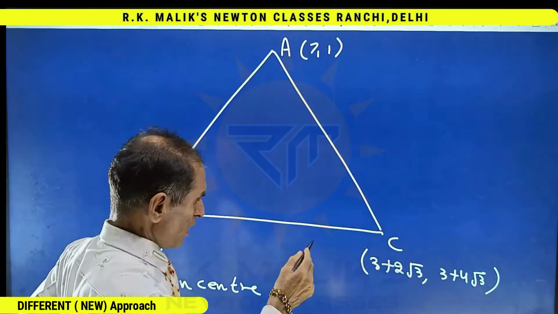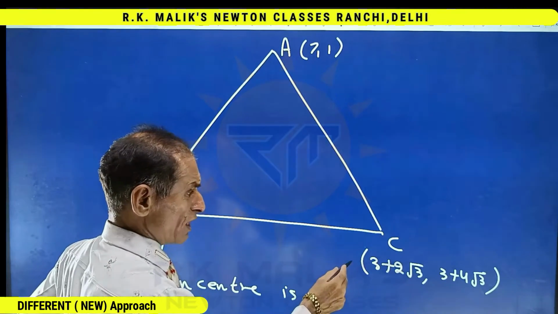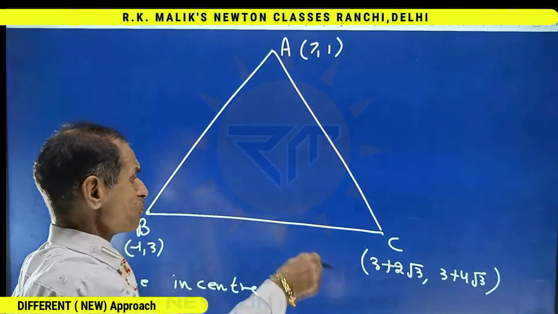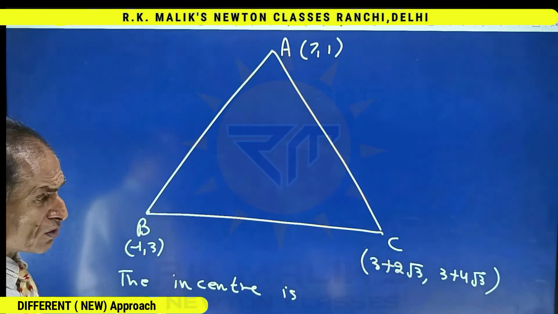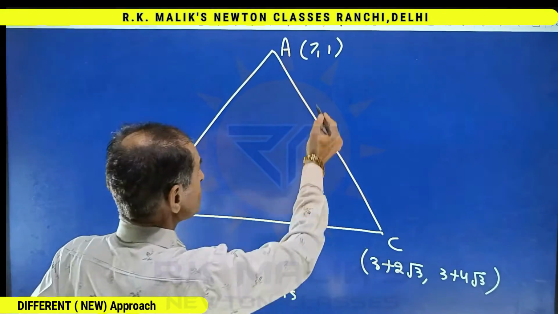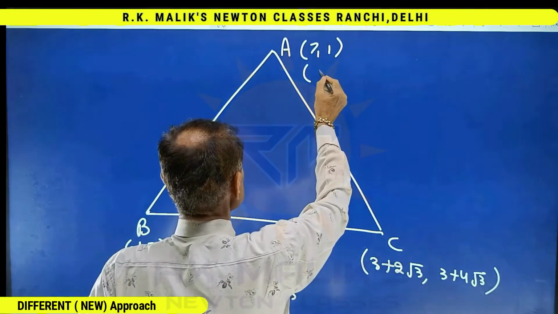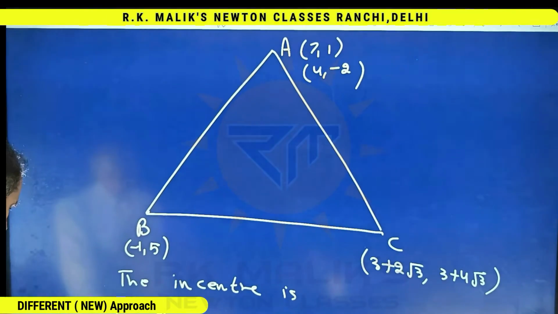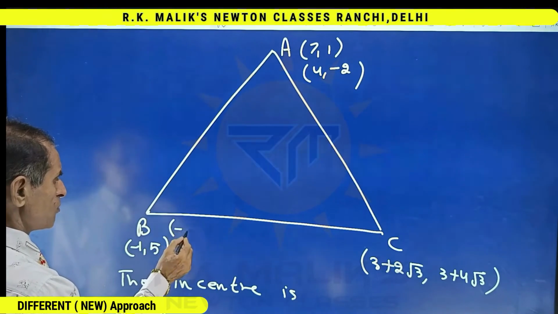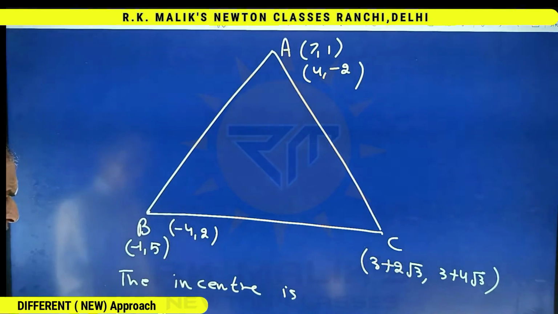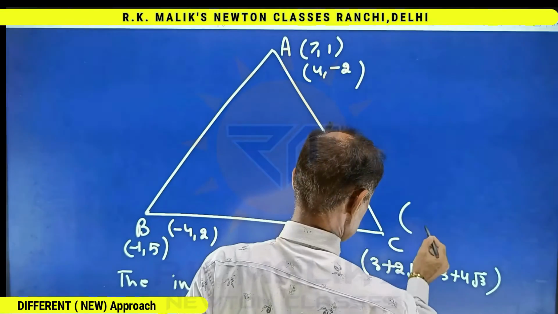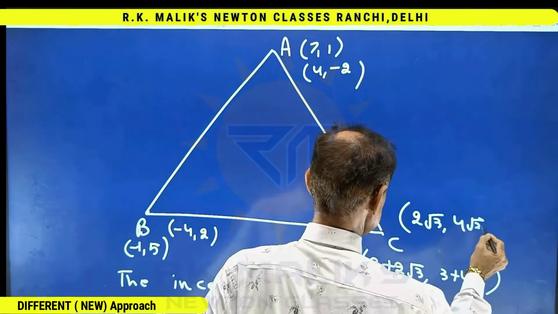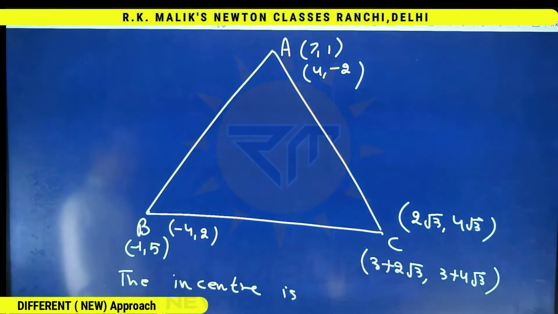You can see very easily, if I subtract 3 from the x coordinate and 3 from the y coordinate of all these points, that is, I am shifting the origin to the point (3, 3), this point will become (4, -2), this point will become (-4, 2), and this point will become (2√3, 4√3).